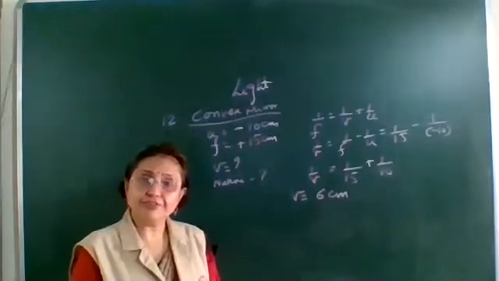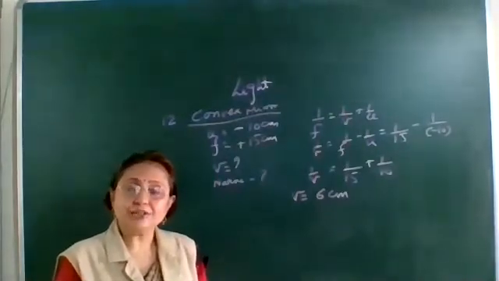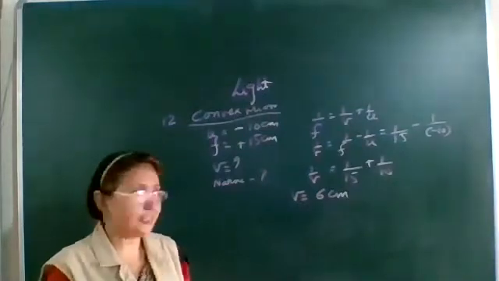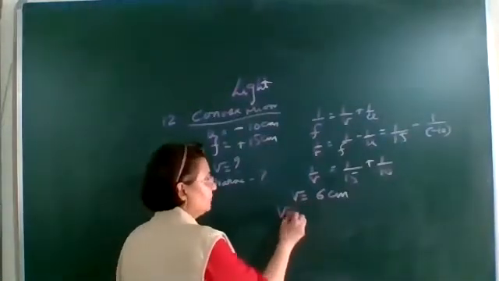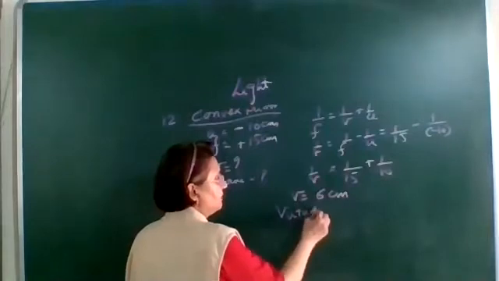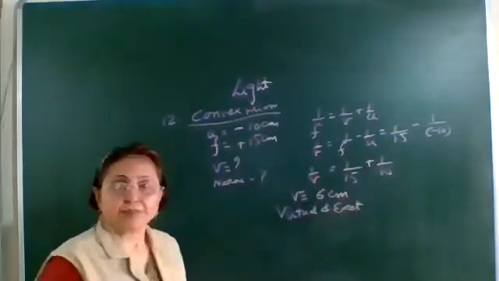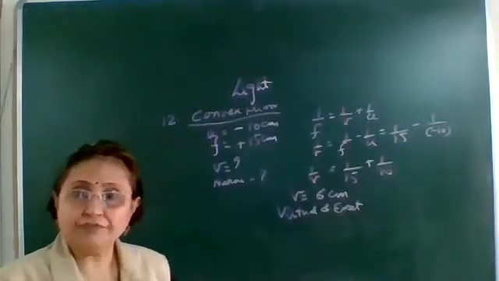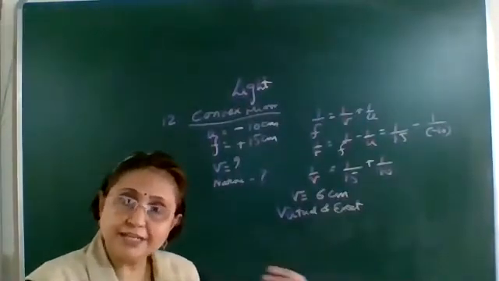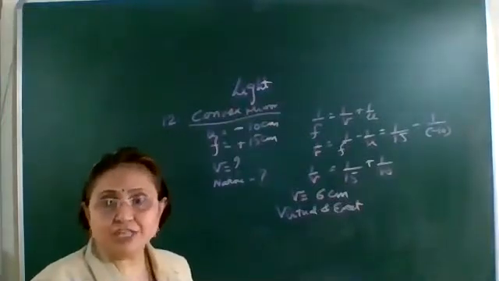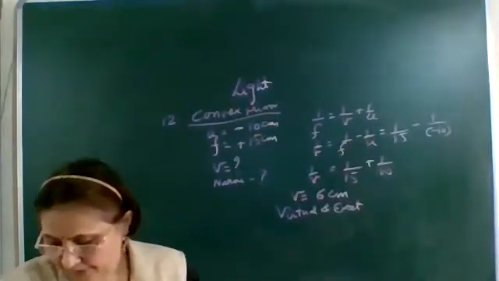It is a convex mirror, and we know that a convex mirror always forms a virtual and erect image. So the nature of the image is virtual and erect. Okay, a convex mirror always forms a virtual and erect image which is diminished and behind the mirror.